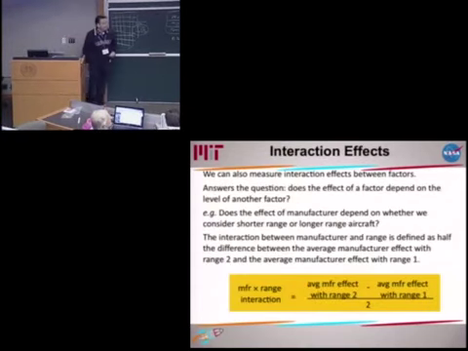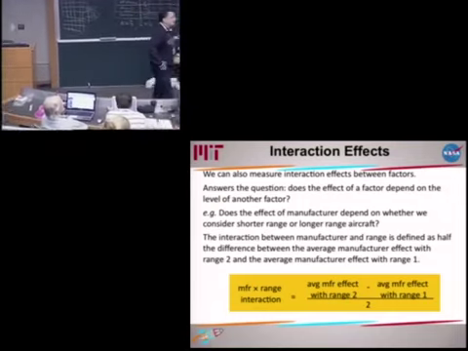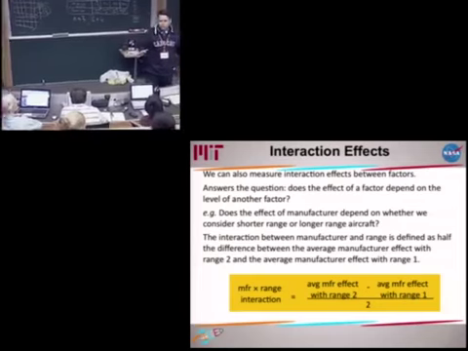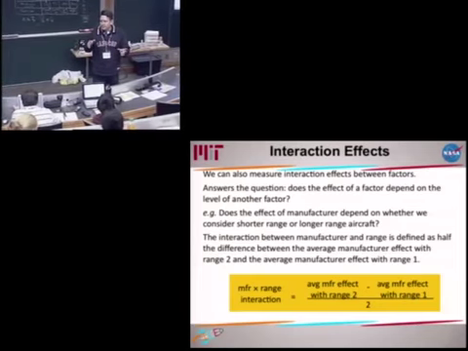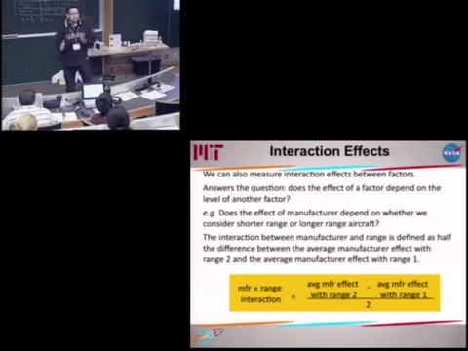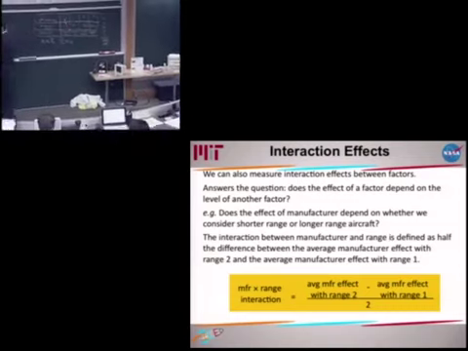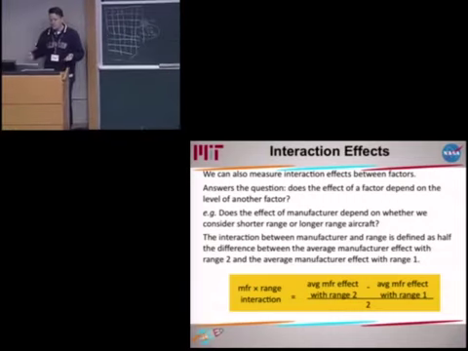So then the interaction effect is to ask the question, well, that's perhaps true overall, but what if we looked at the shorter range airplanes and the larger range airplanes? Does it matter? Is that difference constant, or is there an interaction effect between the type of manufacturer and the range?